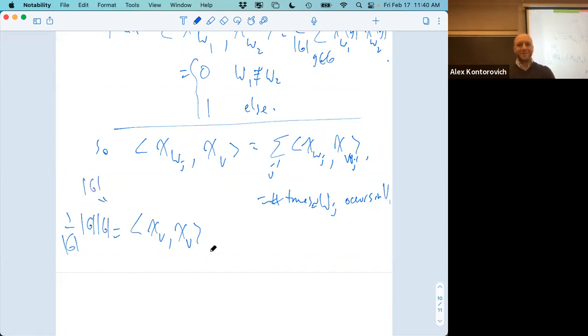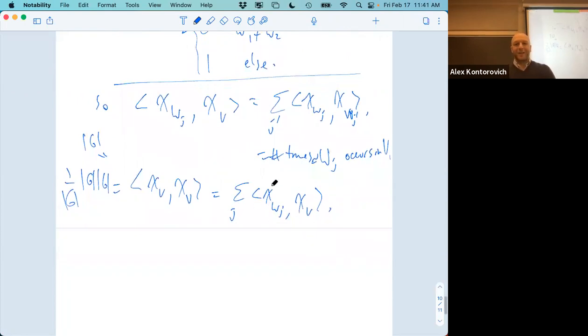On the other hand, if I use this fact, it's a sum over J of chi WJ inner product chi V. I really shouldn't be rushing this. This is the number of times pi J occurs here, so this is a sum over J, and then the number of times.